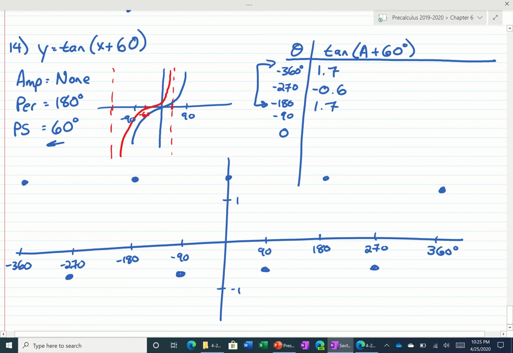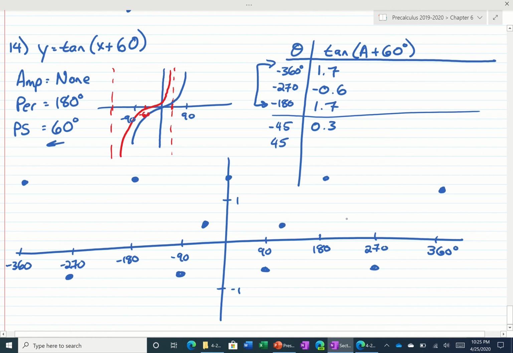So what does this graph actually look like? It's hard to tell from the points that we have. So I'm going to pick some smaller points. Why not use like negative 45 and positive 45? Let's just see what that does. Negative 45, we have 0.3. 180 degrees later.